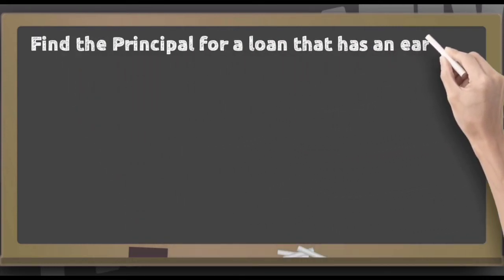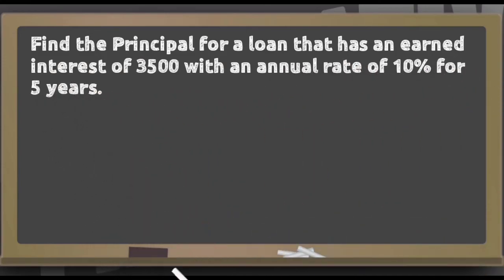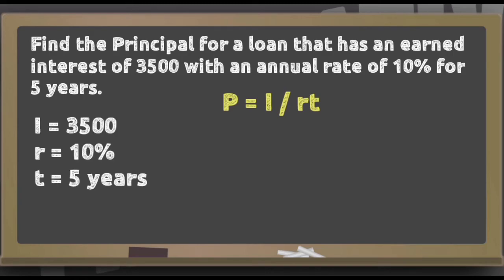Find the principal for a loan that has an earned interest of 3,500 with the annual rate of 10% for 5 years. In this problem, we're finding the principal. So the formula we're going to be using is principal equals interest divided by rate times time. Next, we will be getting the value of the interest earned, rate, and time.